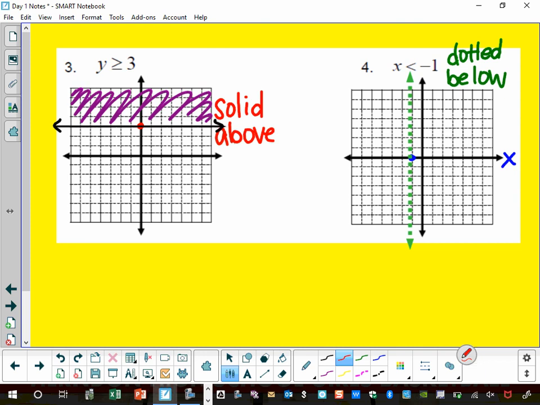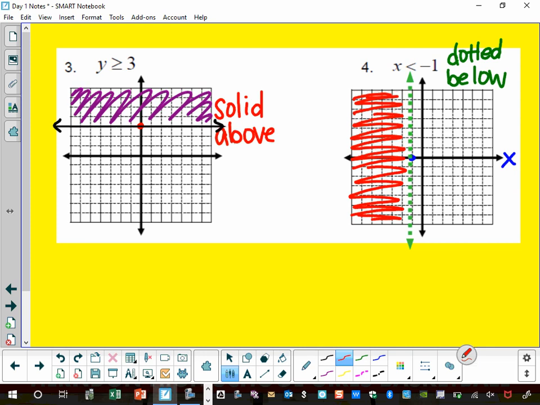The way we look at this line is from left to right, but if I shade below, okay, hold on, this can get tricky. This is saying x is less than negative 1, right? So which side is less than negative 1, the negatives or the positives? The negatives, so we're going to go this way.